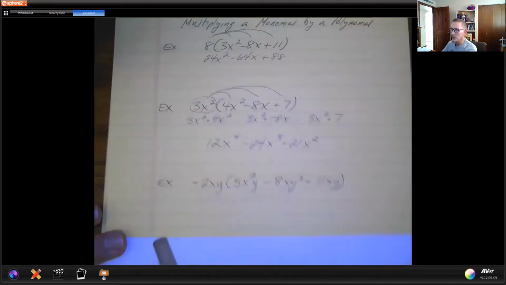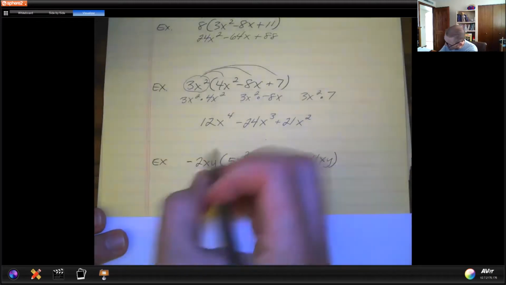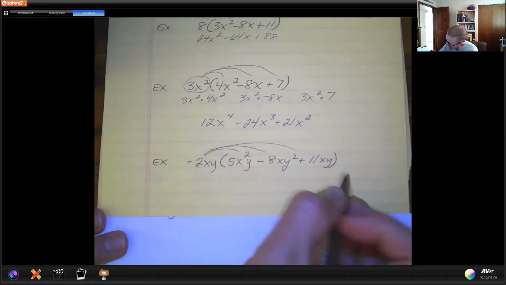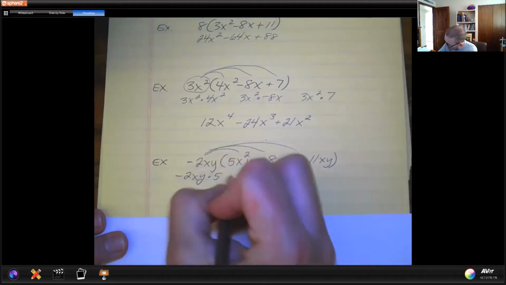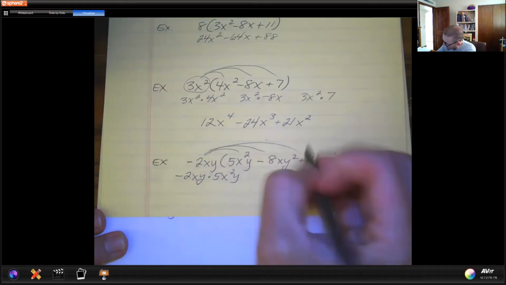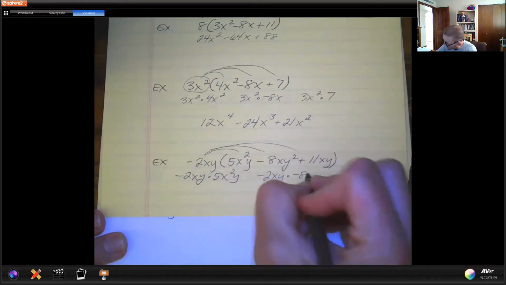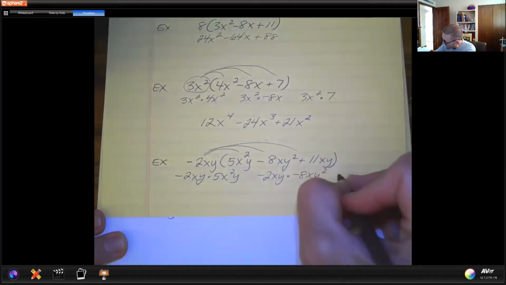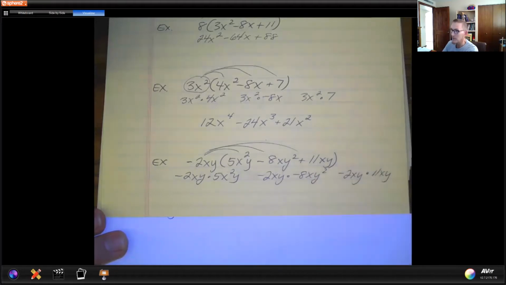So this one here is just going to take the same idea as example number 2, but it's just going to add a little bit more of a layer to it. So we're going to distribute here and it's going to be negative 2xy times 5x squared y, negative 2xy times negative 8xy squared, and then negative 2xy times 11xy.